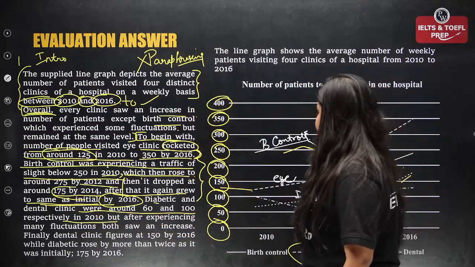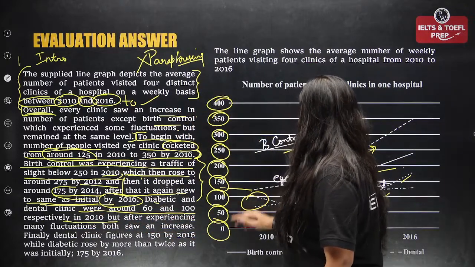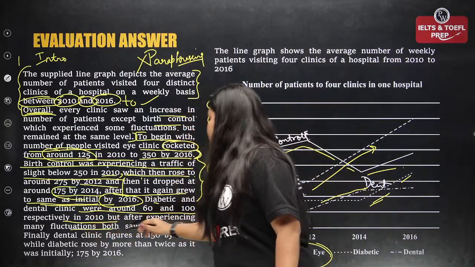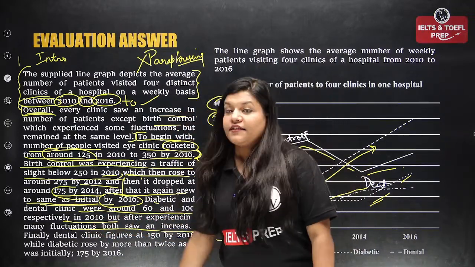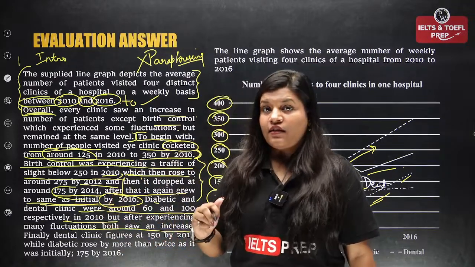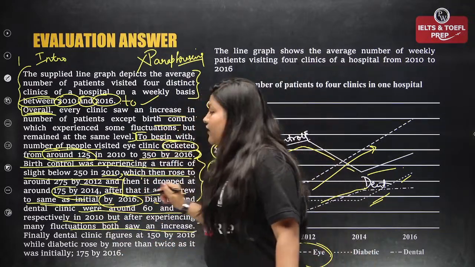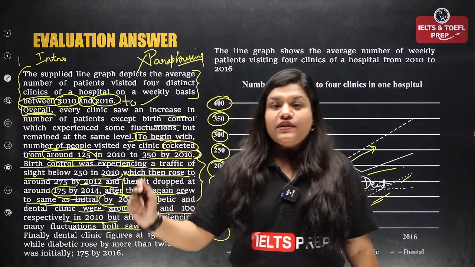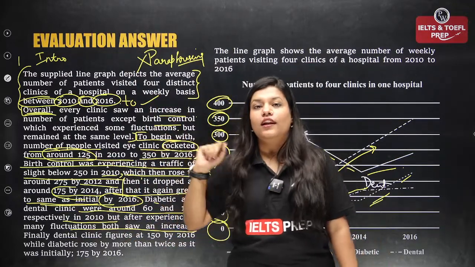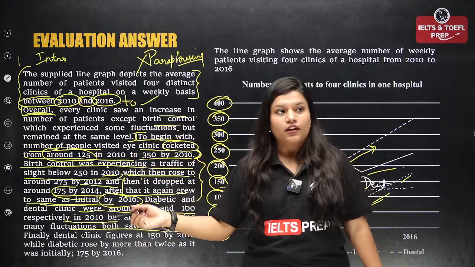Okay, fine. Okay. But after experiencing many fluctuations, both saw an increase. "Experiencing many fluctuations." Again, when you are going really good in terms of language, then why are you going back to the basic and then bringing your level of the sentence down to the basic?